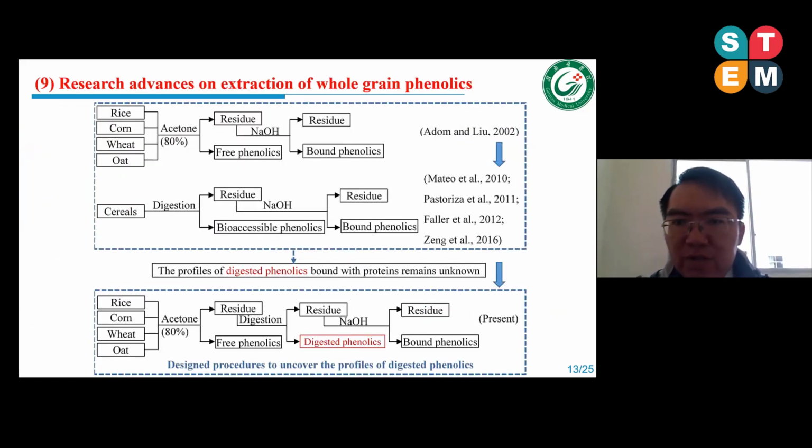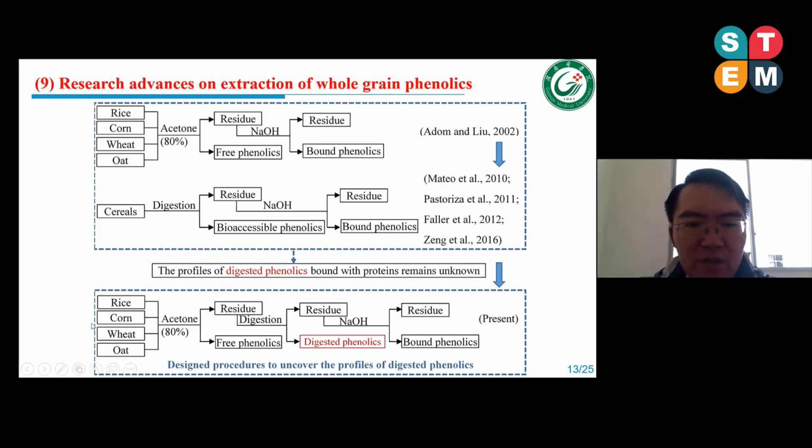The previous study had reported that whole grain contained both free and bound phenolics. The bound phenolics are extracted from the residues obtained from the extraction of free phenolics.